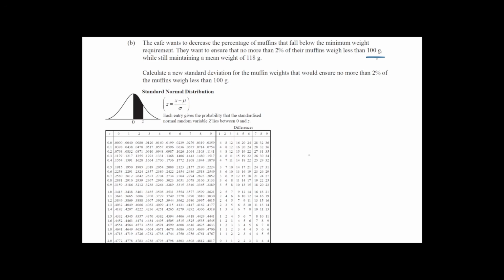So this is going to be our X, and this is going to come into play a little bit later on. And the mean weight is still going to be the same at 118. So they want to calculate a new standard deviation for the muffin weights that would ensure that no more than 2% of the muffins weigh less than 100 grams.